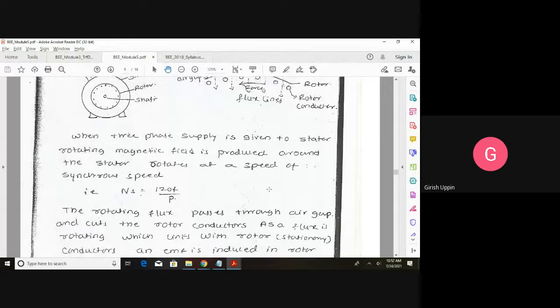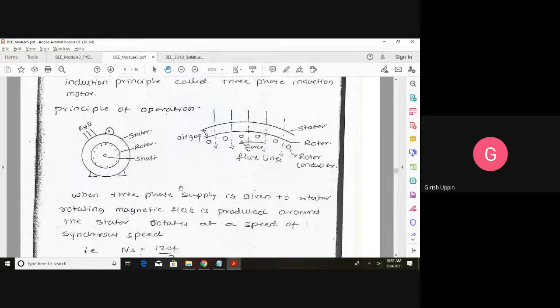Here in the construction, we have the stator. On the stator we have the armature winding, and inside we have the rotor, which has the rotor winding, and this rotor is mounted on the shaft. On the stator we have a three-phase winding, and to this winding we give the three-phase power supply.